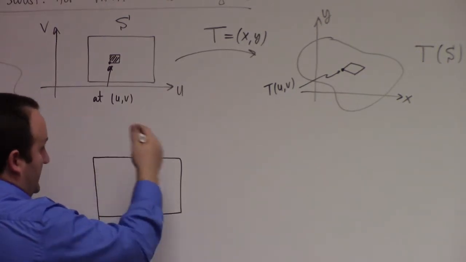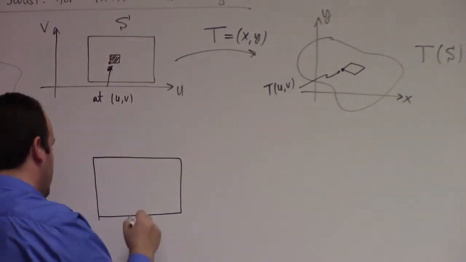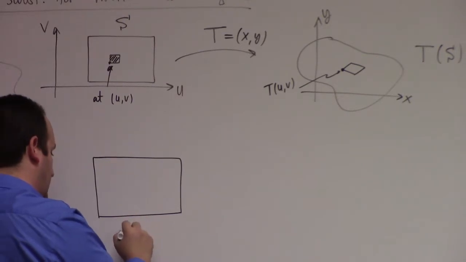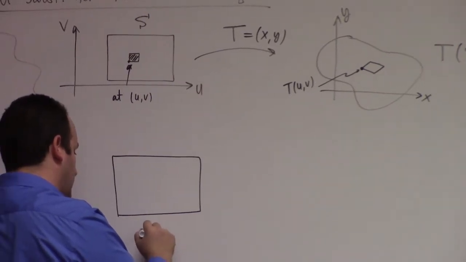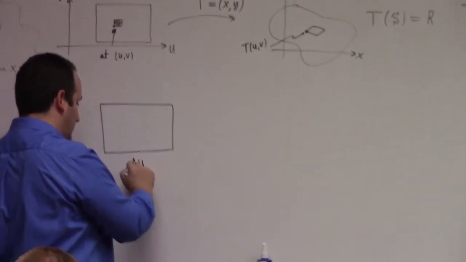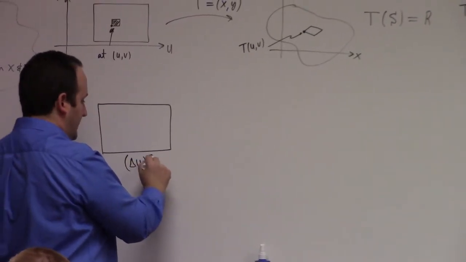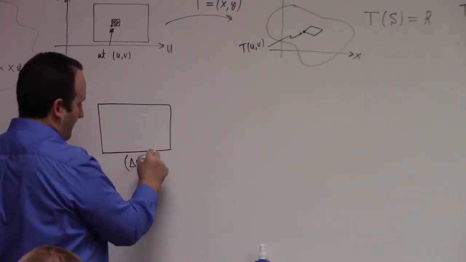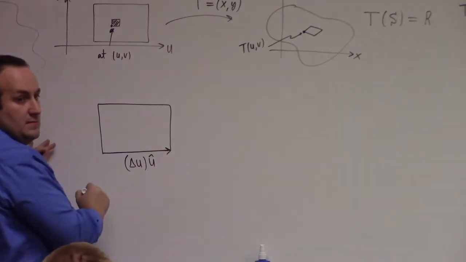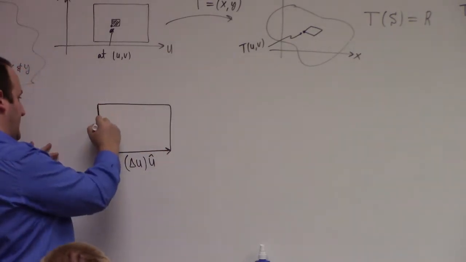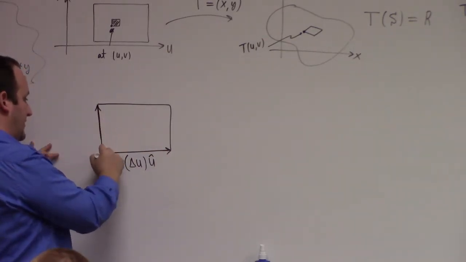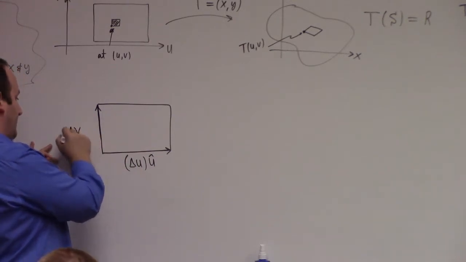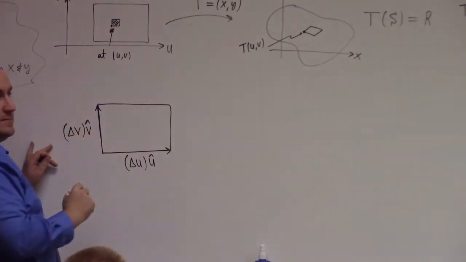So let's see here. This rectangle would be something like delta u times u hat would be this vector, do you agree? And the vertical vector would be delta v times v hat.